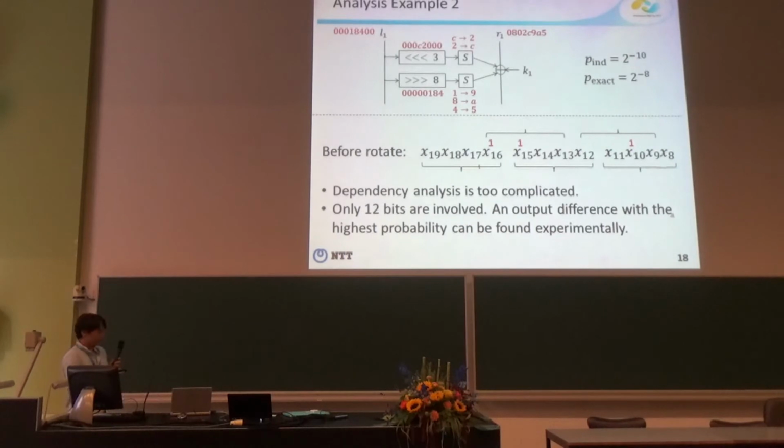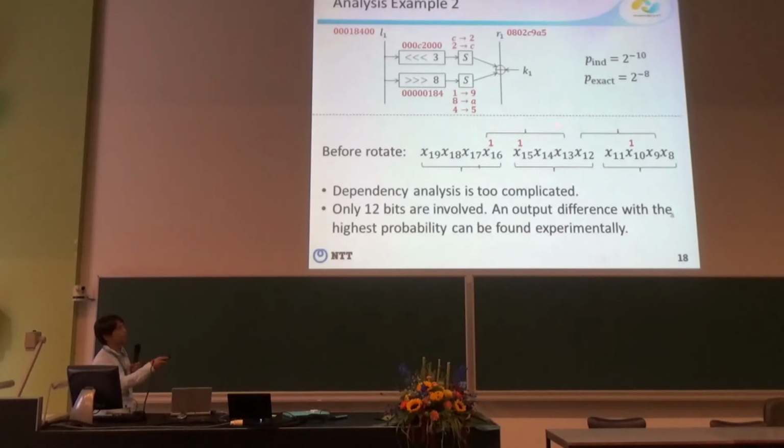And I try to introduce another example. Here the input has 3 active bits. And after the rotation, 2 S-boxes are activated here and 5 active S-boxes are activated here. And all active differences are chosen so that the independent probability is 2 to the minus 10.